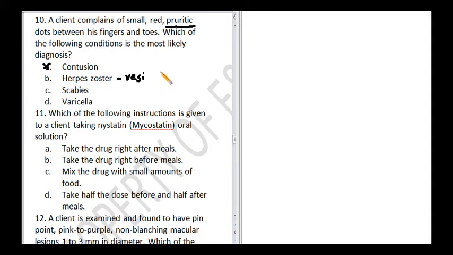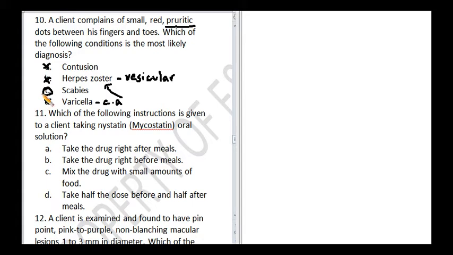When I say vesicular, it should be fluid filled. It was not mentioned in the question that it is fluid filled. Therefore, it's not herpes zoster, which makes D wrong because varicella is the causative agent of herpes zoster. So that leaves only letter C as the remaining option, and therefore it's the correct answer.